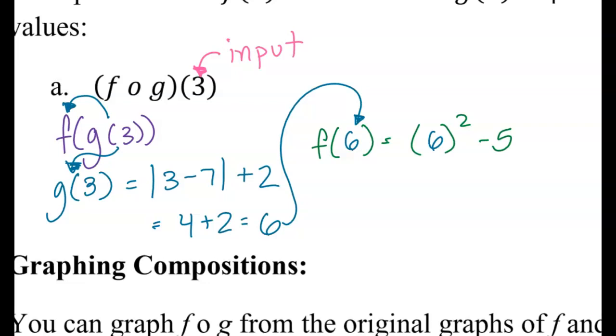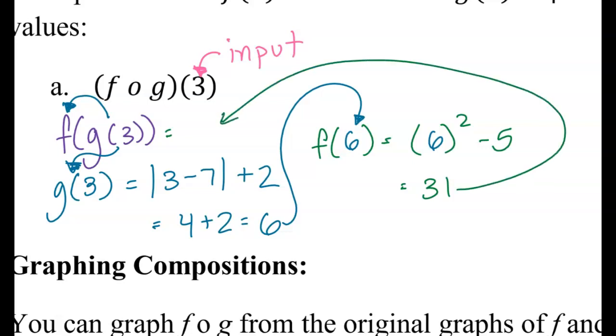So 6 squared is 36, minus 5, 31. There are no letters in front of f, so I know I'm done inputting. That is my final output. My final output is 31, and I'm done. I have found f of g of 3 is 31.